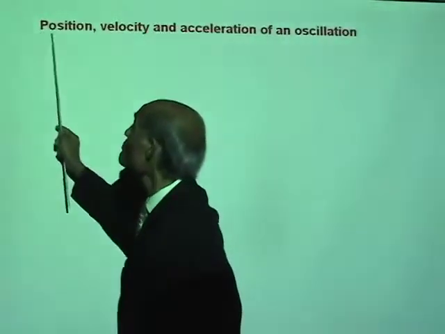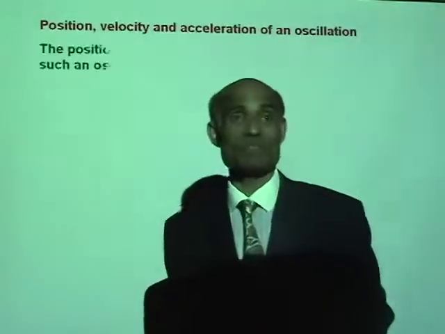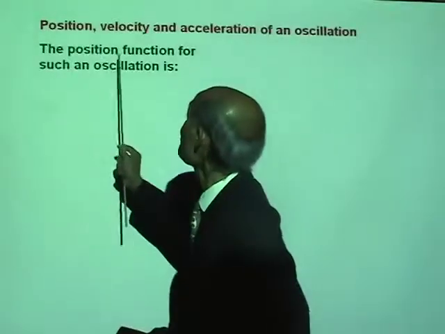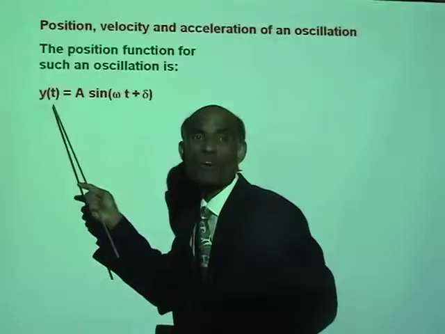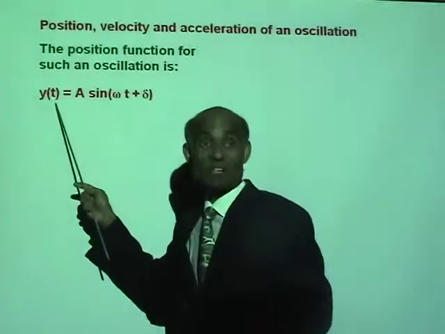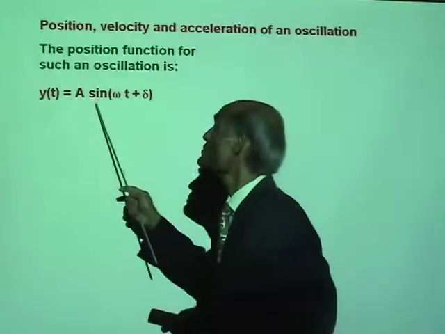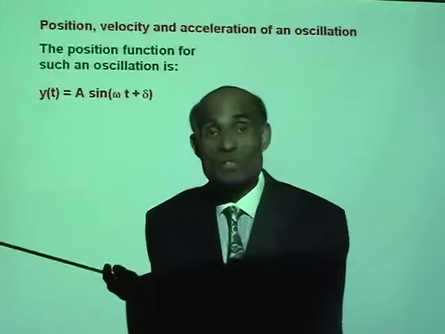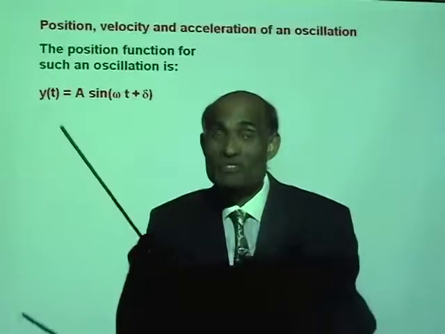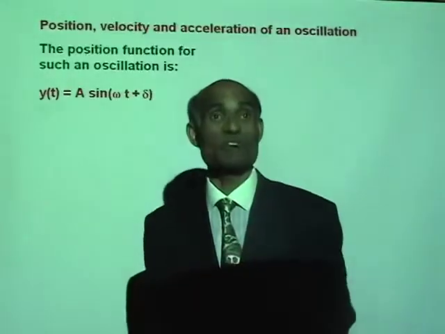So we already know the position function. The position function for such an oscillation is y of t, y as a function of time, is a sine omega t plus delta. That represents the displacement, but that is the same as the position function.